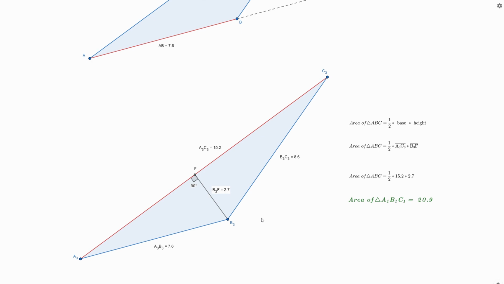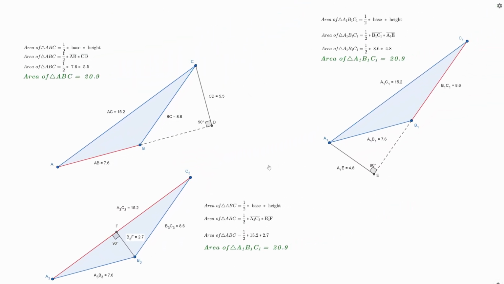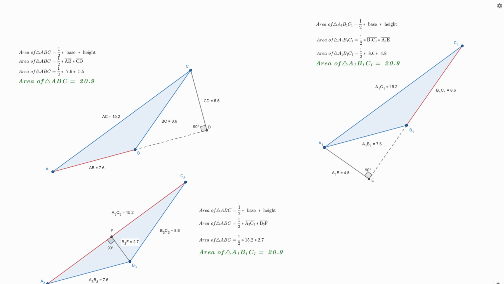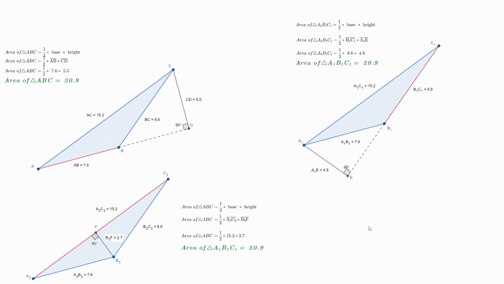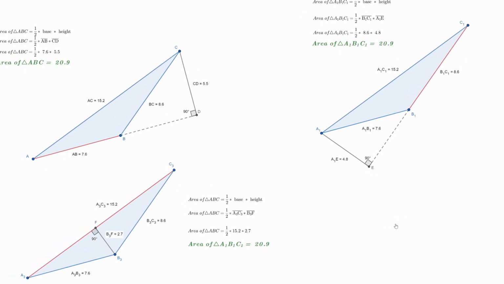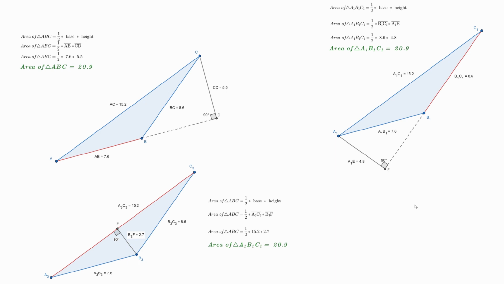So let me put all the three triangles and their calculations on one big screen, and there you go, one big screen. You can see it very clearly, no matter what base I have chosen, my area of triangle is the same, 20.9.